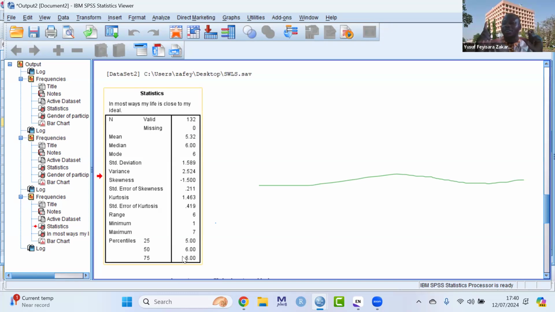Remember, I chose quartiles, and I told you quartiles will divide your distribution into 4: the first quartile, second quartile, and third quartile. But percentiles will divide your distribution into 100. Here I asked for quartiles and it gave me percentiles.